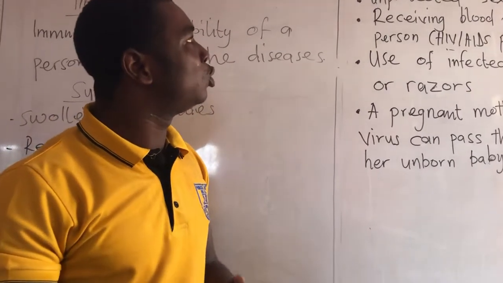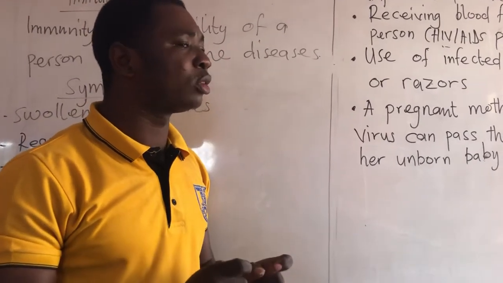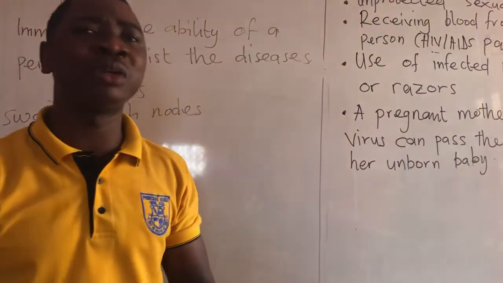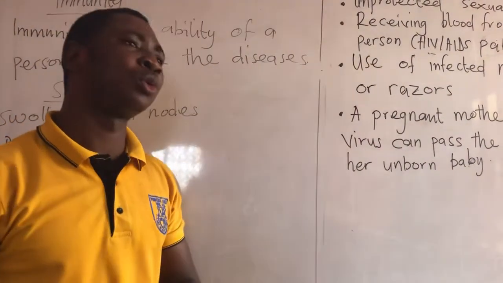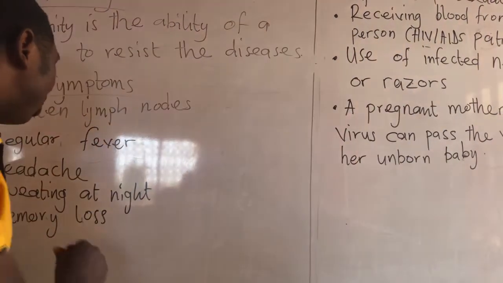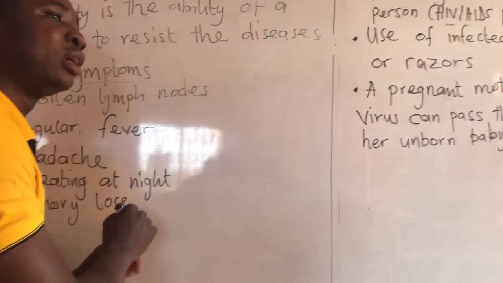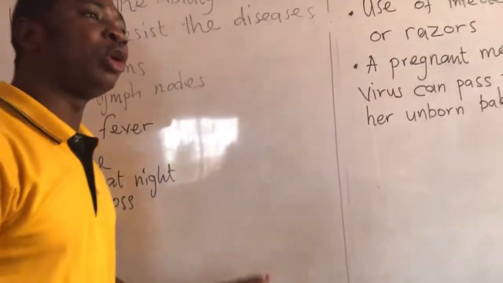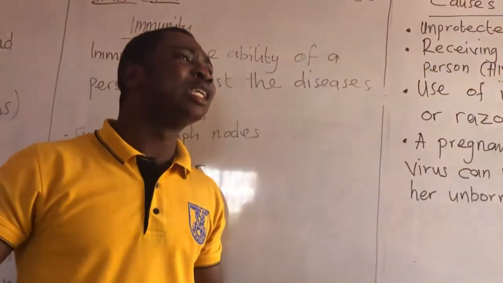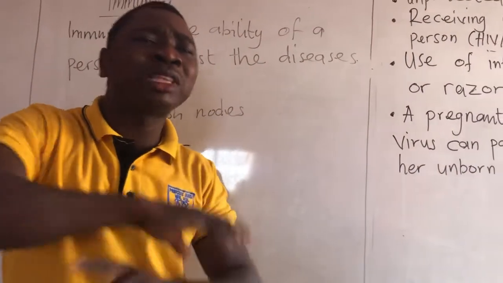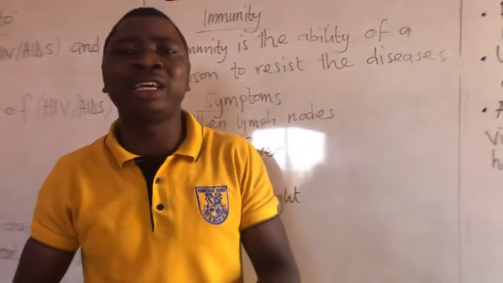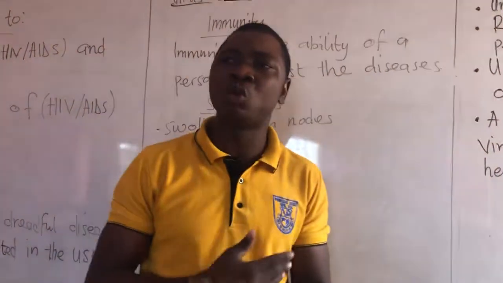So we have to know these causes so that we will be able to protect ourselves from this virus, because it's very dangerous and dreadful. When you get it, you may die easily, because it weakens your system gradually, and you'll be attacked by different types of diseases, because your immune system that fights against any disease that comes into your system will be weakened.